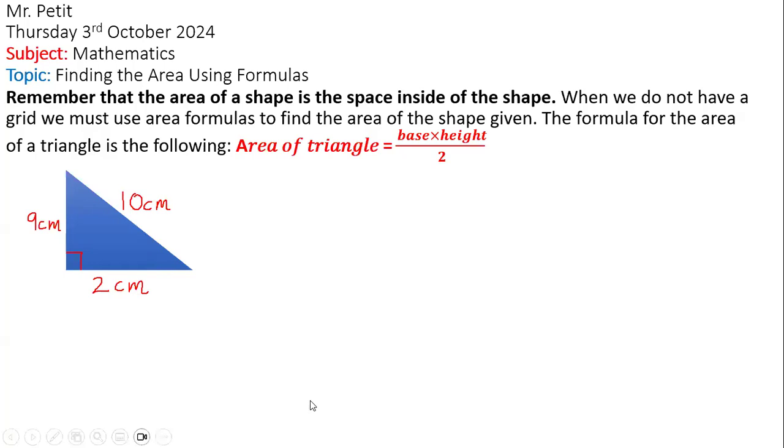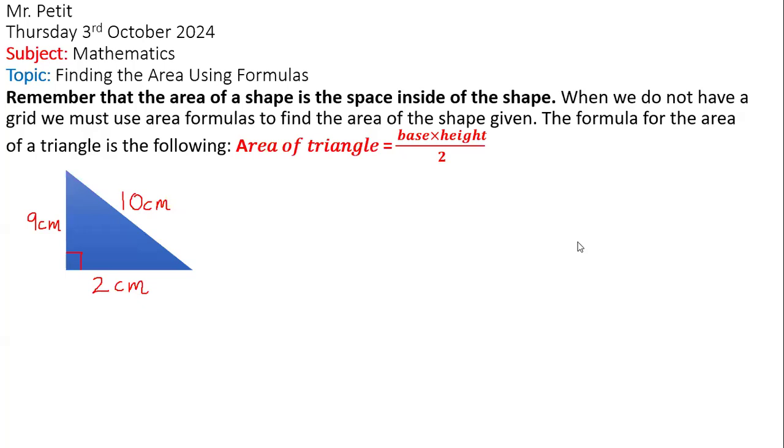So I want to figure out what is the area of this triangle. I'm going to open the chat and I want y'all to put inside the chat what you think the area of this triangle is. Anyone can answer.